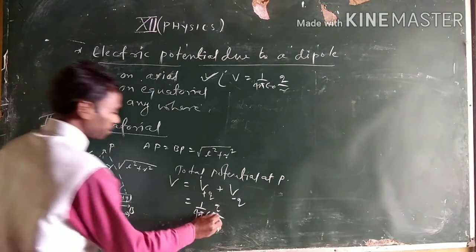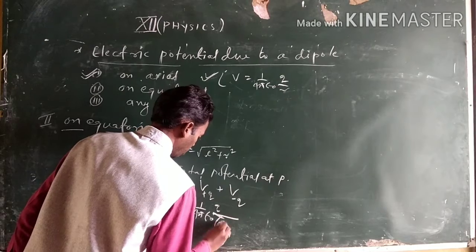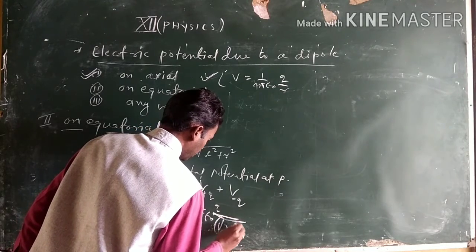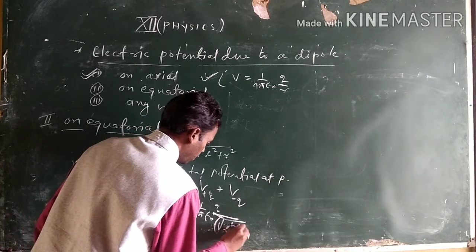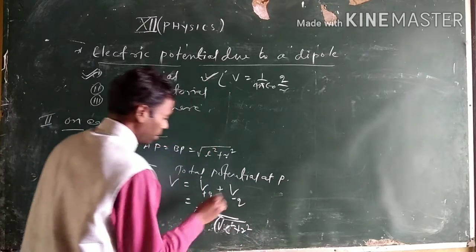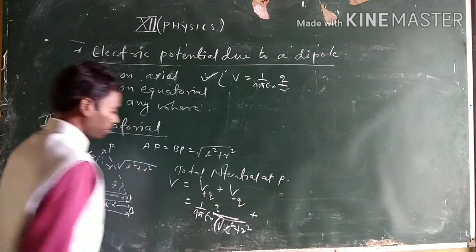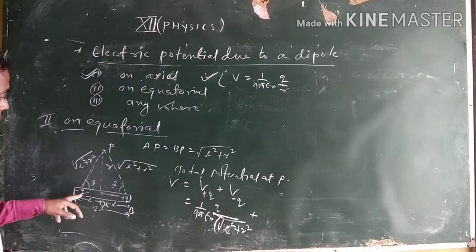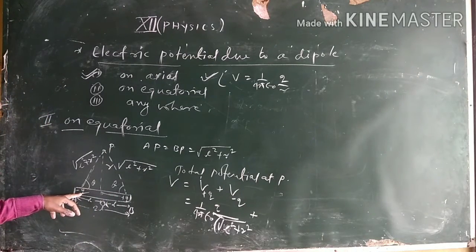Both are equal, root over L square plus R square, and here is the plus, and due to minus Q charge, right?